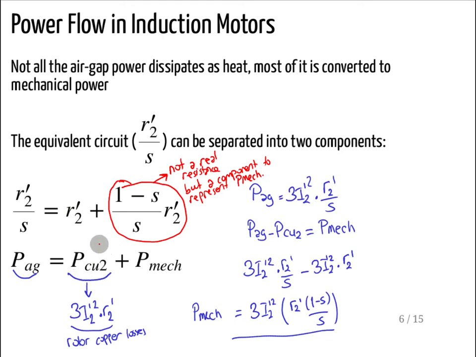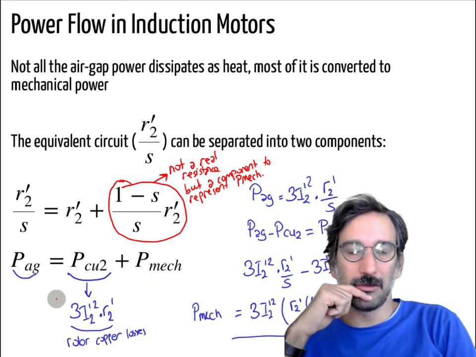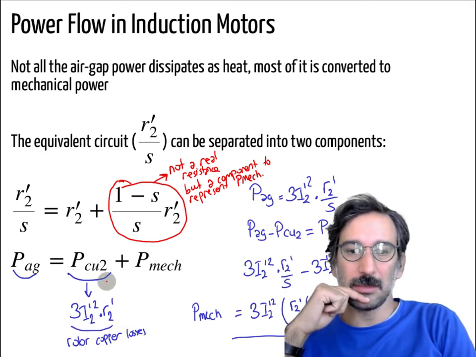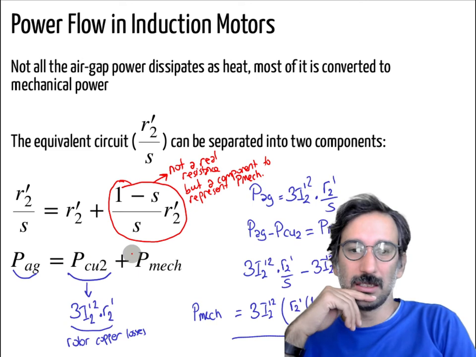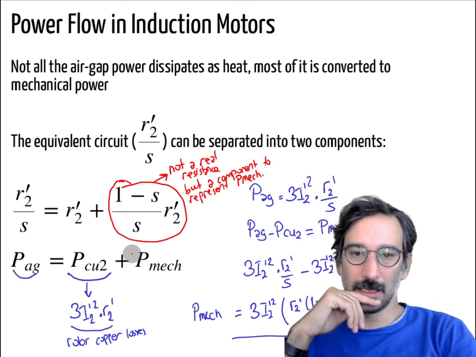So the real heat is still generated in the rotor copper losses, I2 prime square times R2 prime, but the rest of the air gap power, because you are transferring power from the stator, only that part is converted to heat, and the rest is converted to mechanical energy.